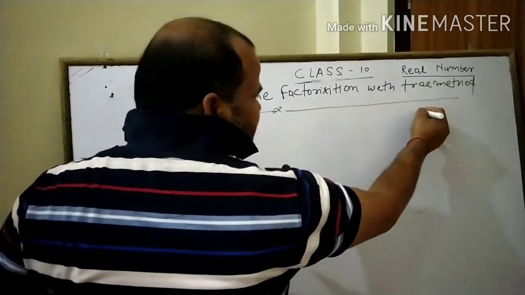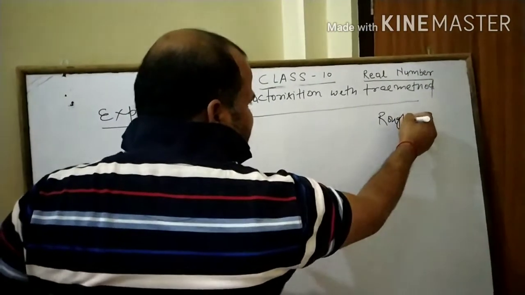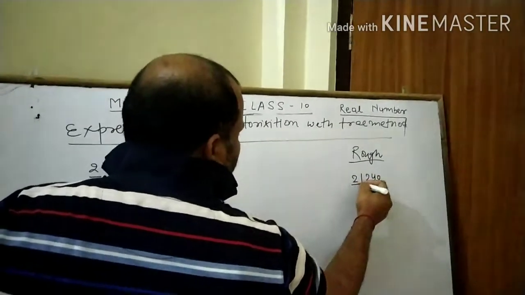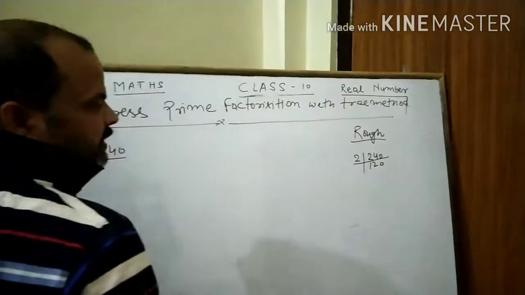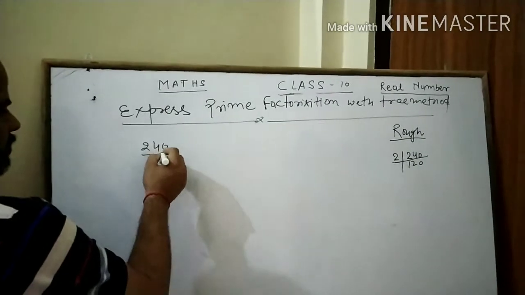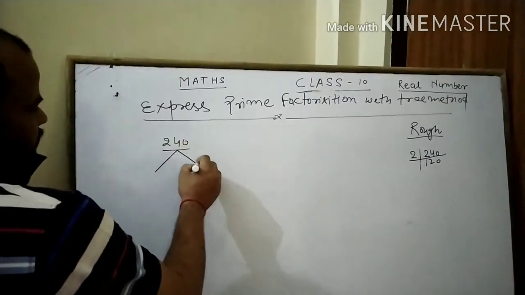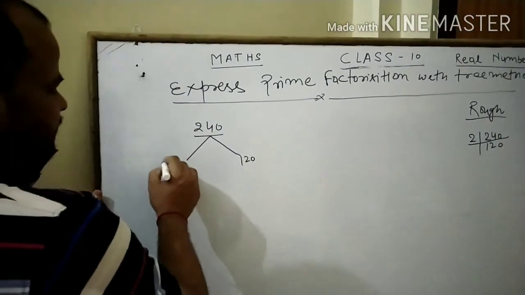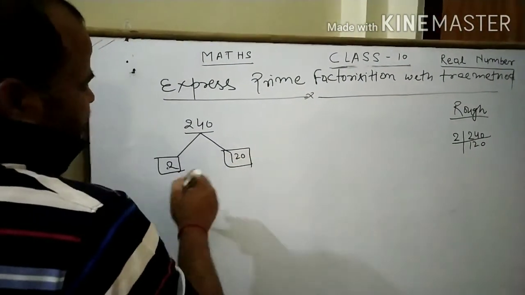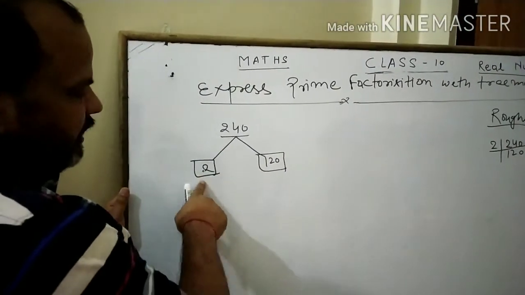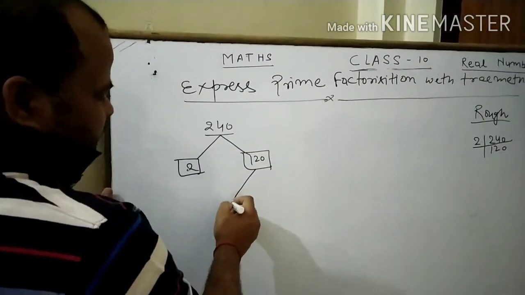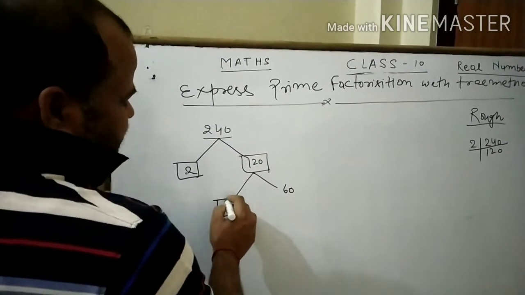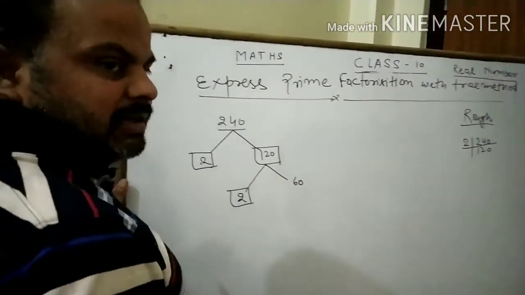First of all, you can do it on the rough sheet. Here 240, then it is 2 into 120. Clear? 2 is a prime number, so it has a unique factor. In the same way, 120 is 2 into 60; 2 is prime and 60 is composite.